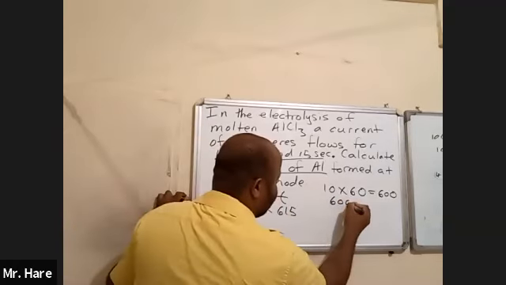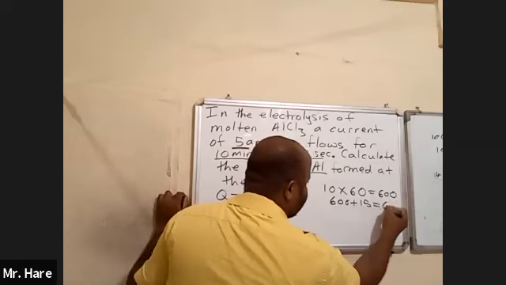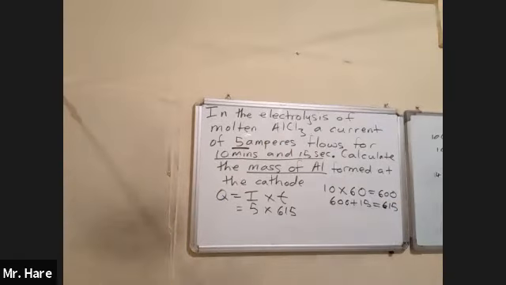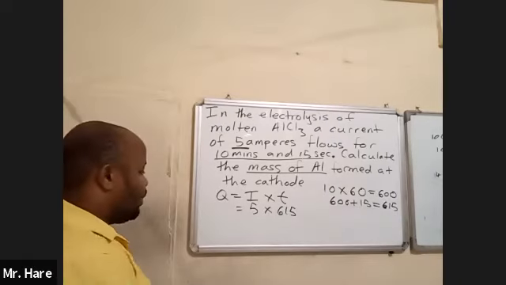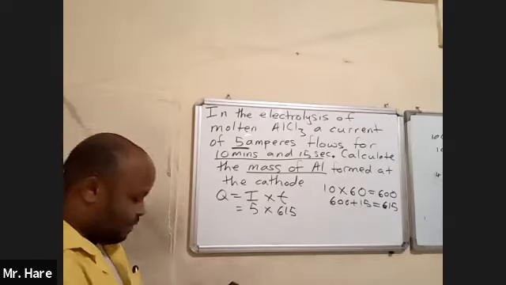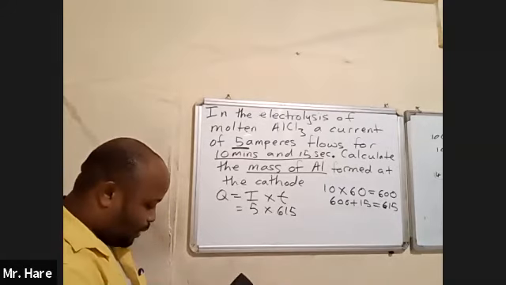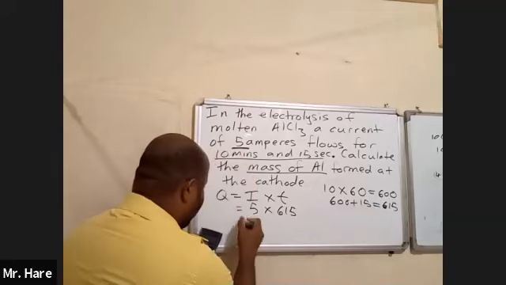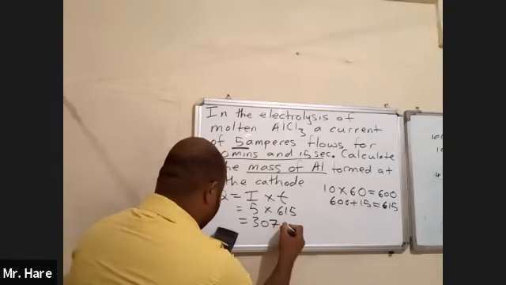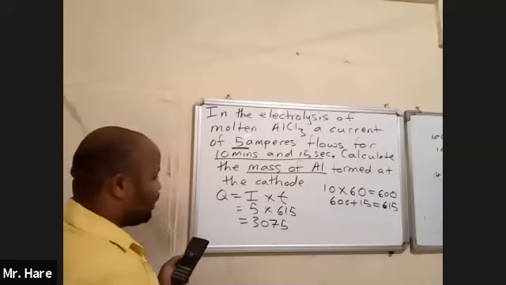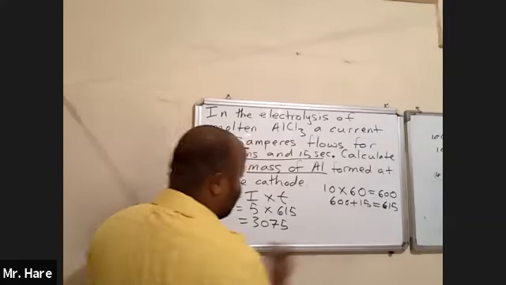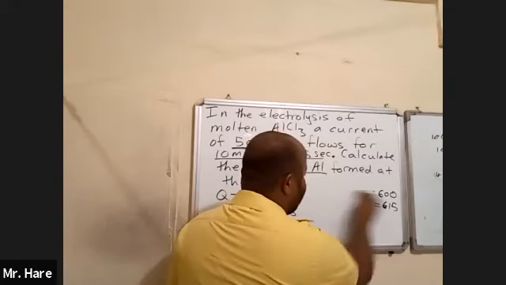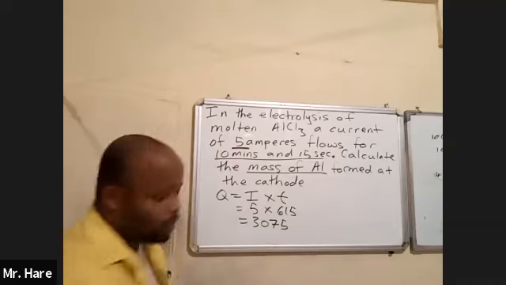So the current is 5, and the time is 615. I get 3,075. That is correct. Now, we said that Q1 would be 96,500 times the amount of electrons that was used.